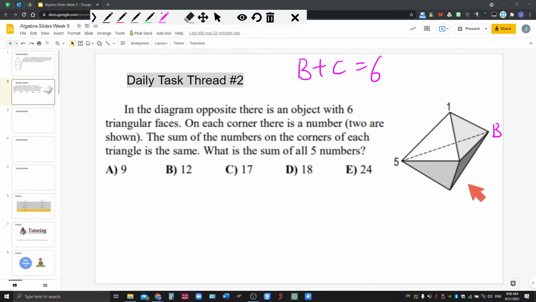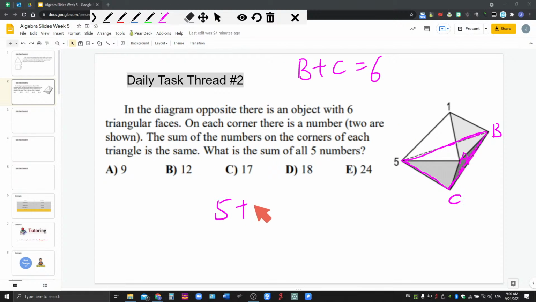Now this is B, this is C, this is A. I want you to consider this triangle with 5, B, and C. Okay, this triangle.